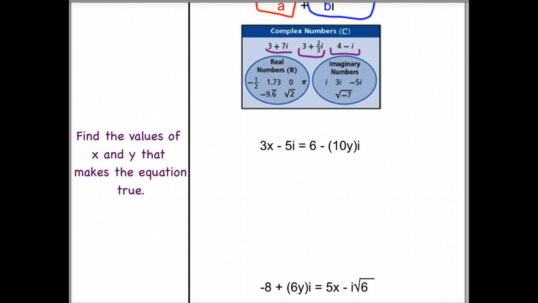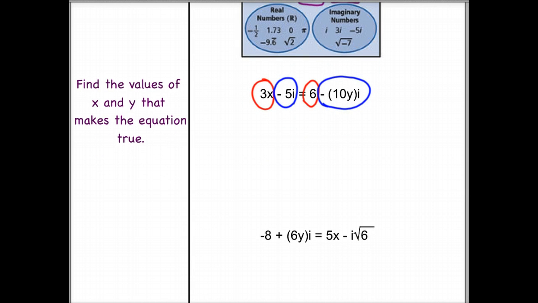So the real numbers are 3x and 6, and the imaginary parts are -5i and -10y times i. All we do is set these parts equal to each other. So we have 3x equals 6, and we also have that -5i equals -10yi.